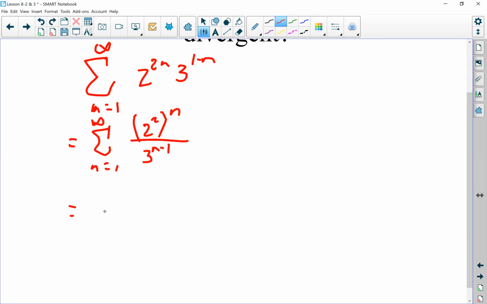Do just a little bit of simplification. You know, 2 squared is 4. Still going to leave this as 3 to the n minus 1.